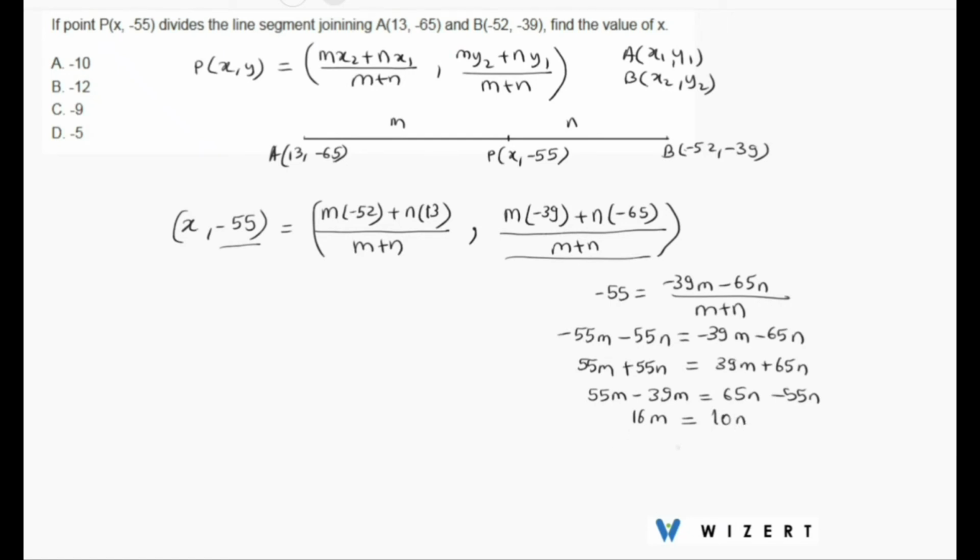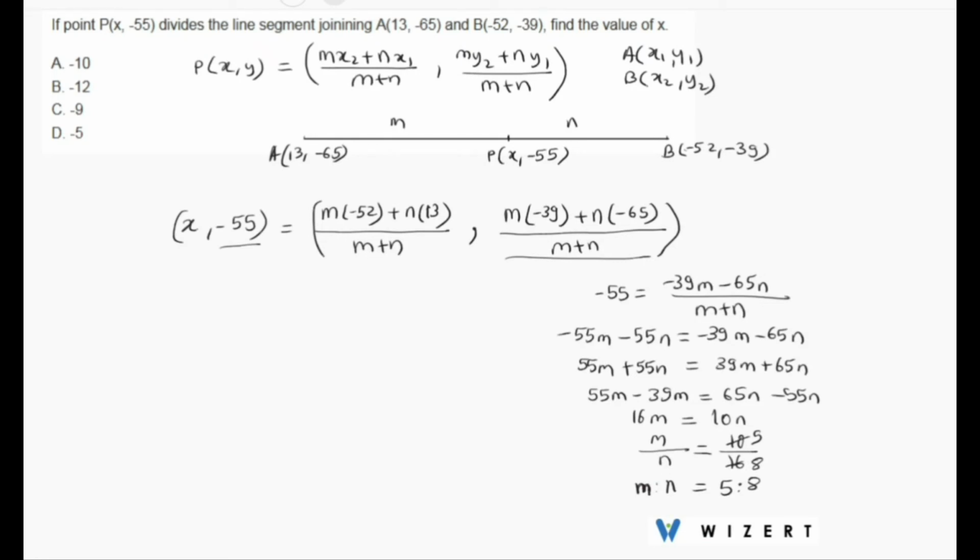So m by n equal to 10 by 16. Therefore m is to n is equal to, 2 fives are 10, 2 eights are 16, 5 is to 8. M is to n is 5 is to 8.